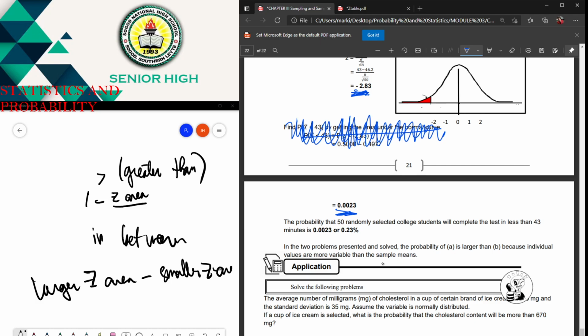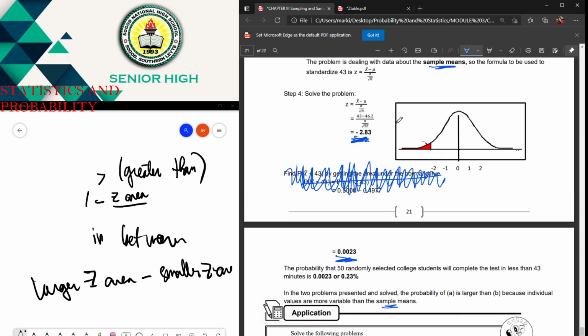So again, the greater the sample, the nearer the possible answers will be to the result, in contrast to validating with only a single value. So yes, that's true that individual values are more variable than the sample ones.